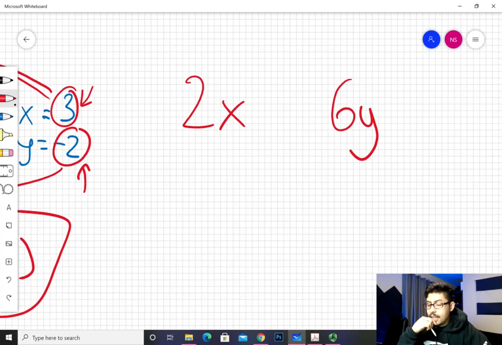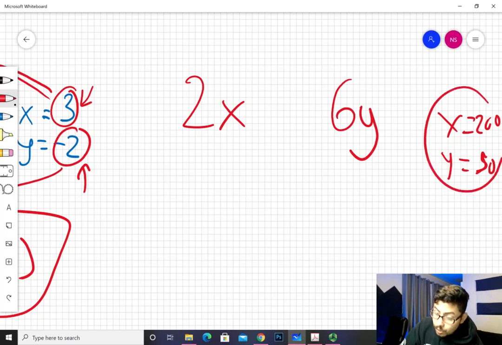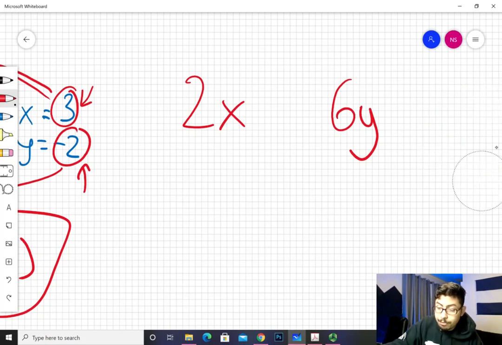And then they say, what is the total amount of money they spent, Pedro and Neil, if x represents 200 and y represents 50, right? So they give you something like that, but they won't give it to you on the side there like I just did. I just wrote that for my own sake.